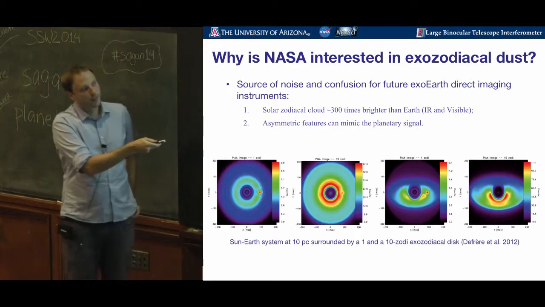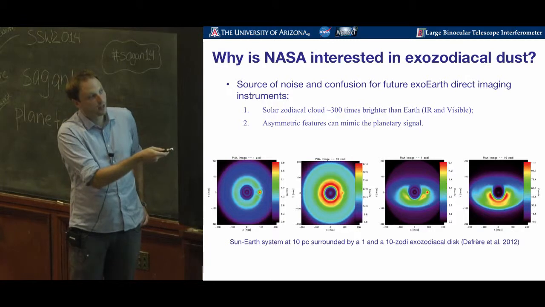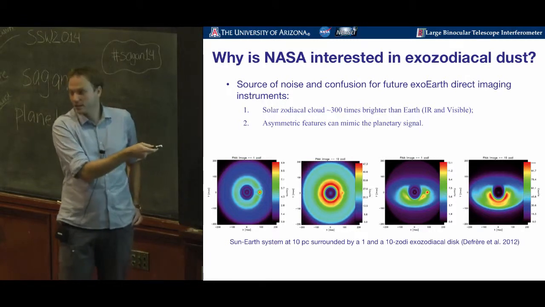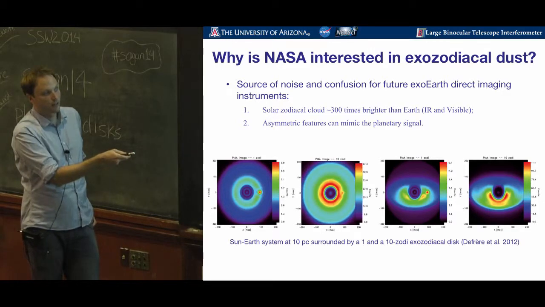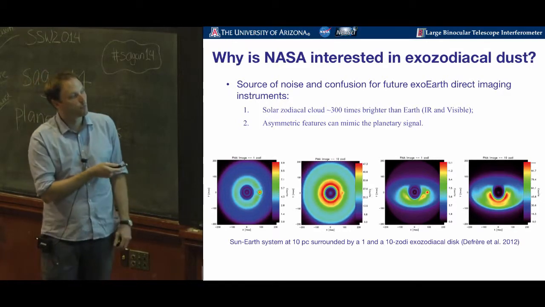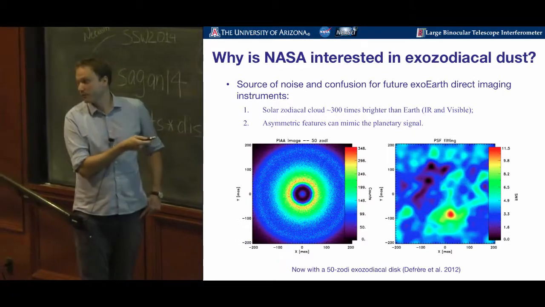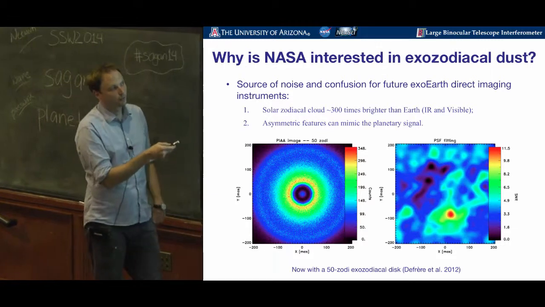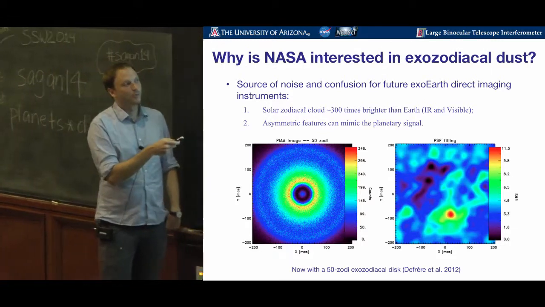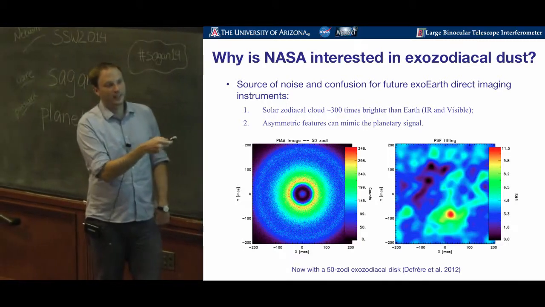Then if we do the same thing, but incline the disk, I think it's 60 degrees here, for 1 zodi we can still see the planet, but for 10 zodi, the planet is gone. Very hard to see. And for a face-on system, this is a face-on system with a 50 zodi disk. In this case, we don't even see the planet, and we have to try to subtract the symmetric part of the image to detect any asymmetry.